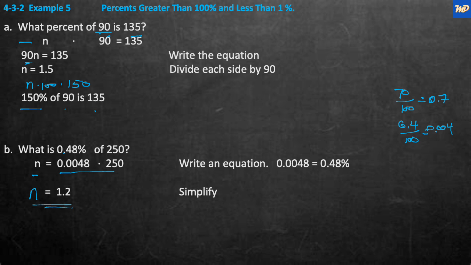And that's just a number. N, and if you look at the fraction, it would be 1.2 divided by 250. That's equal to 0.0048. And if you convert this to a percentage, it is equal to 0.48%. Okay?